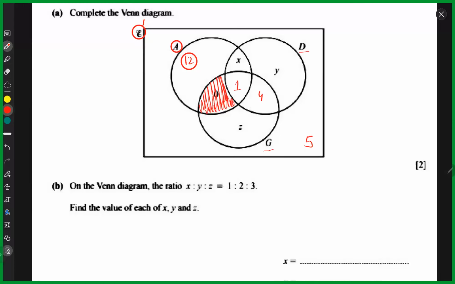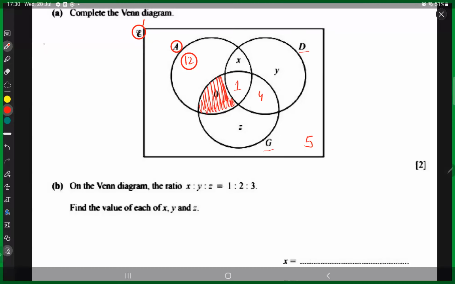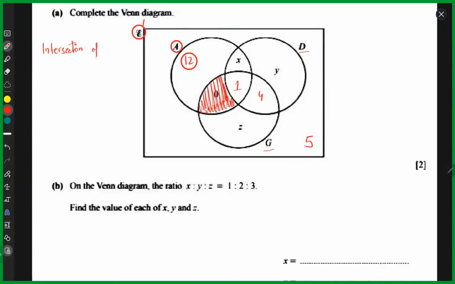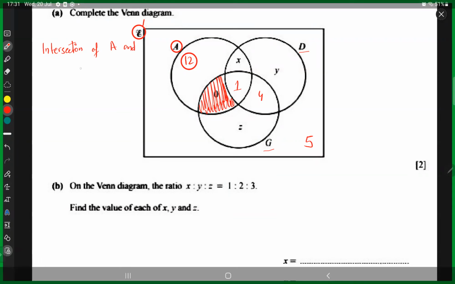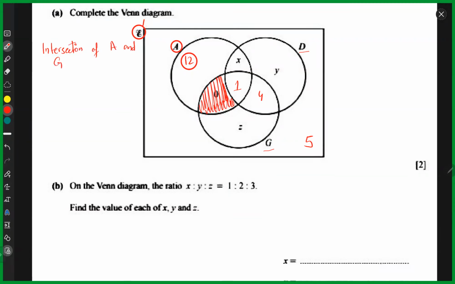It's basically the intersection of A and D, A and G, and D is not included. Okay, so if I was asked to write it down in words, I would have written it this way.